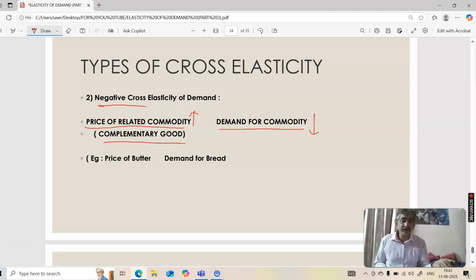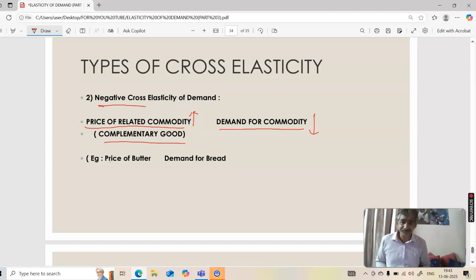So razor and razor blade are used together. Smartphone and accessories. If I buy a mobile phone, you can see I need a flip cover and tempered glass and so on and so forth. And a SIM card also. So these are all things when you're planning to buy a smartphone. So these accessories also you have to buy. So these are used together. So these become complementary goods.